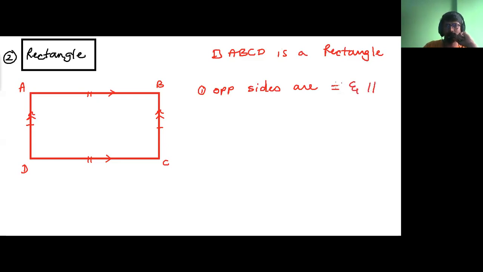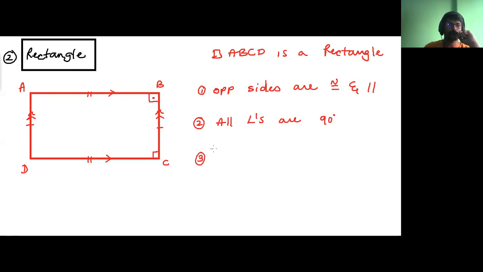This is the symbol of equal, or you can say congruent, and then they are parallel also. Second one, all angles are 90 degrees. This would be 90 degrees, this would be 90 degrees, and so on.